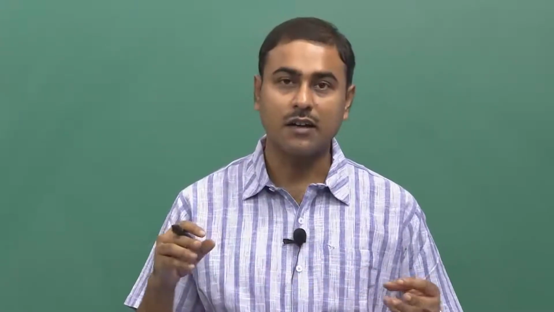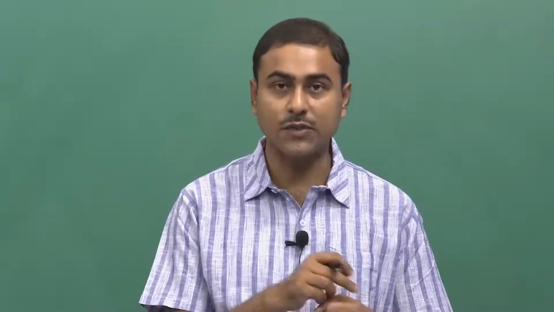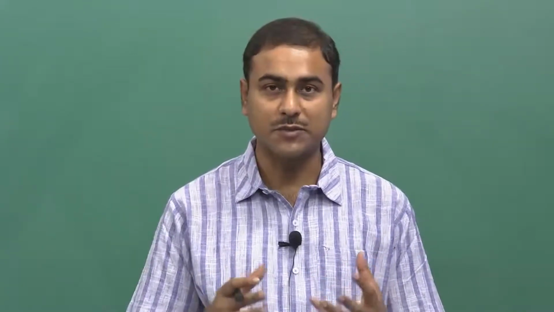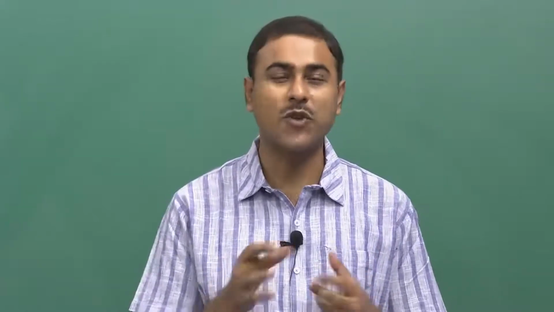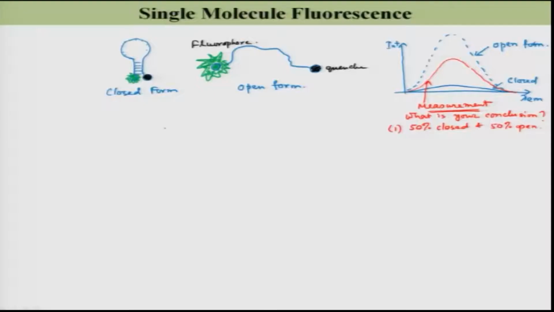So, the quenching of the fluorescence by this quencher is not that permissible, and you are getting a moderately intense fluorescence. For example, let us say this is the situation, another type of form. I will name it as partially open form, it is not fully open, partially open form.